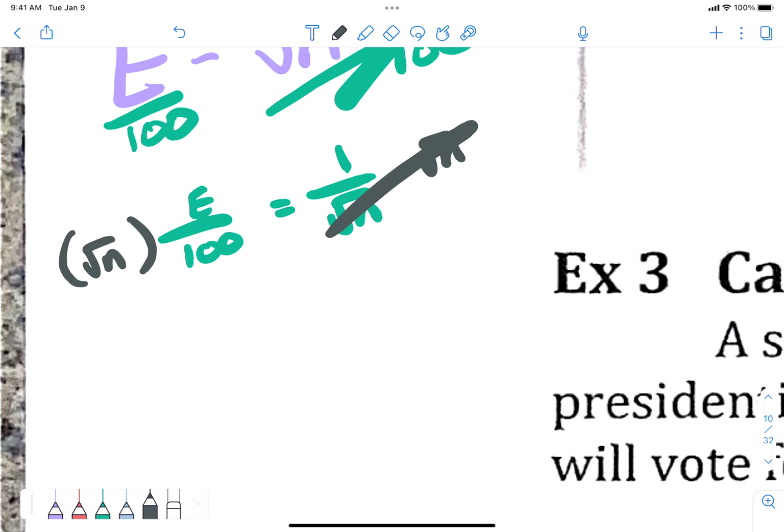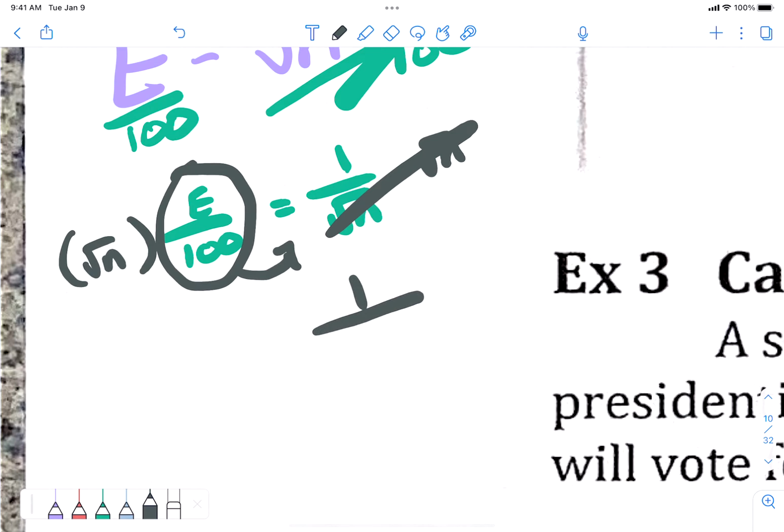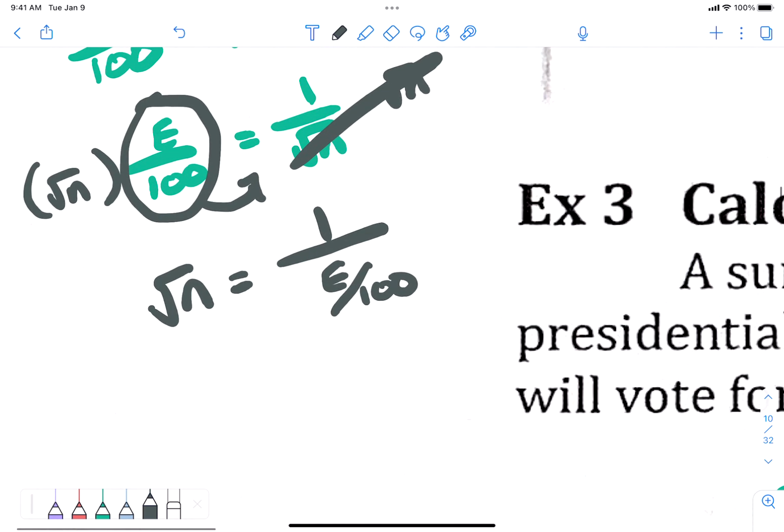Now what would you like to do? I want to get n by itself. Let's divide this guy over. So we're going to divide 1 divided by E over 100. That equals the square root of n. Okay, now, if we're dividing by a fraction, like 1 divided by E over 100, what can we do with that?